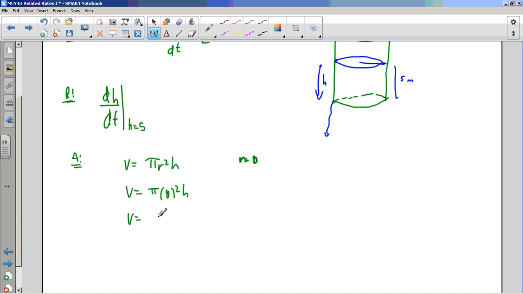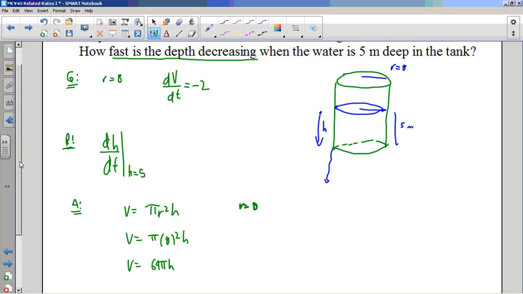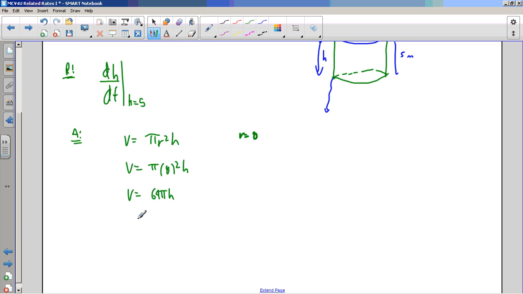So I get volume is 64 pi h, and then that's going to be an easy derivative to take, right? Because now dV/dt and the dH/dt when h equals 5, then I'm off to the races here. So what's the derivative?